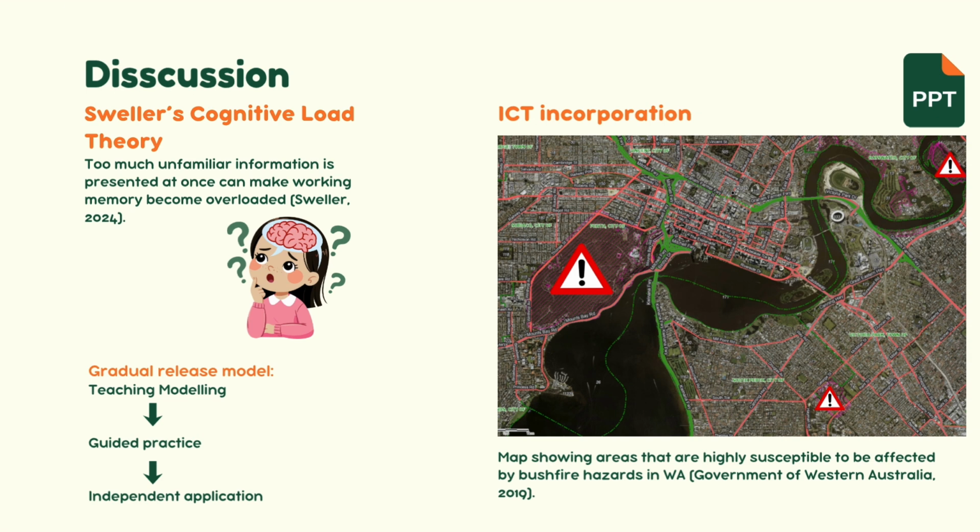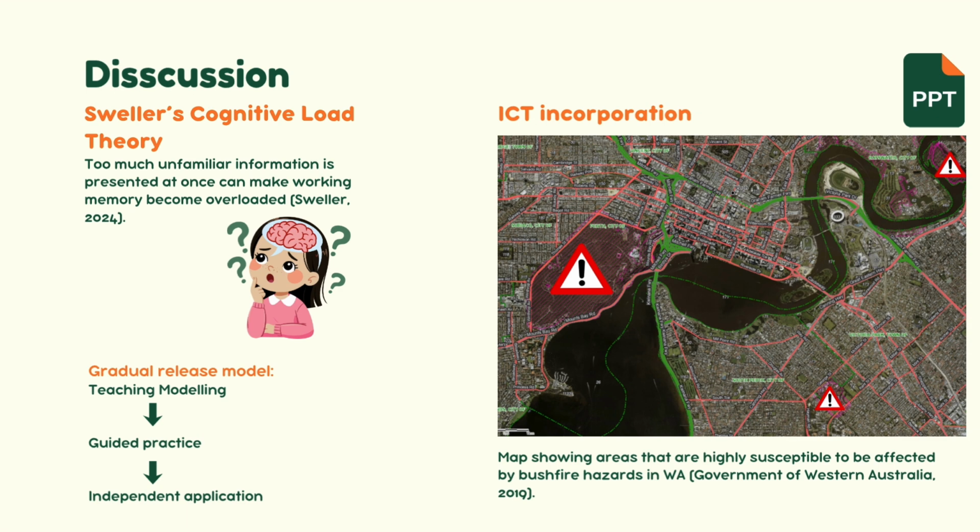A major strength of this lesson is the use of explicit teaching. Year 8 students are often novice learners in hazard geography, meaning they have limited schemas or organized background knowledge. Sweller's Cognitive Load Theory explains that when too much unfamiliar information is presented at once, working memory can become overloaded.